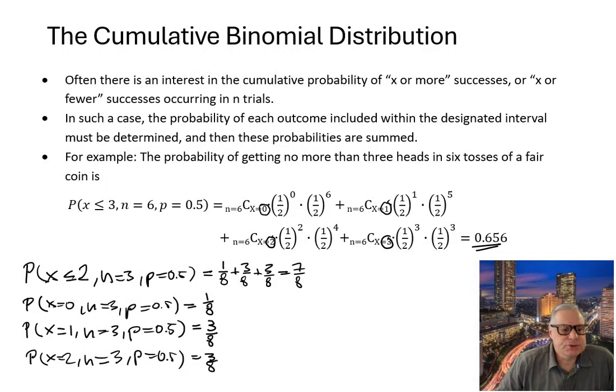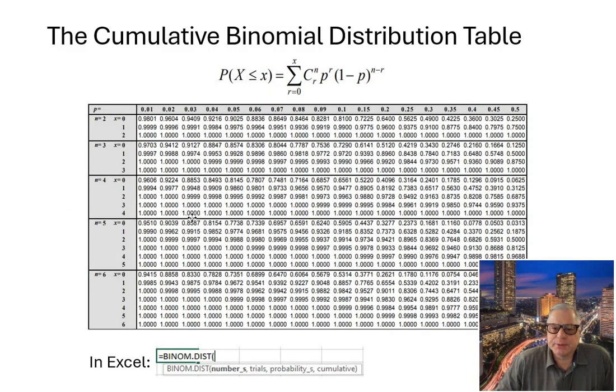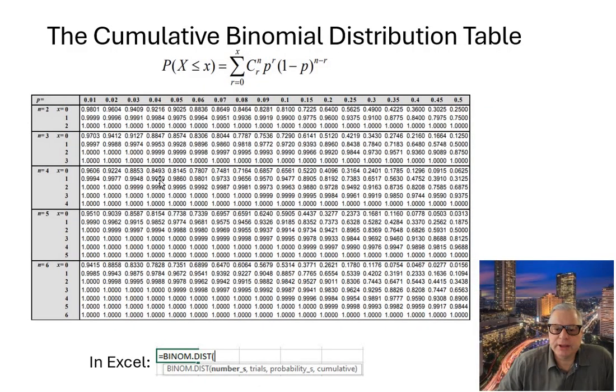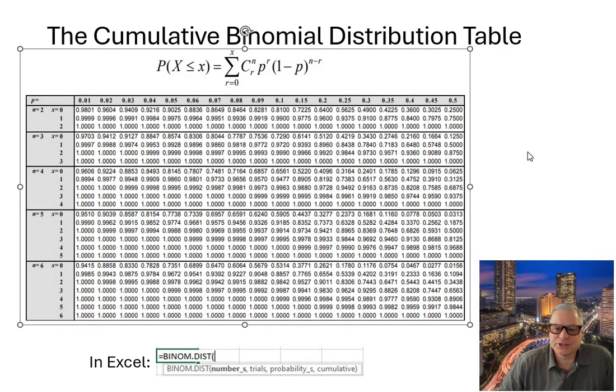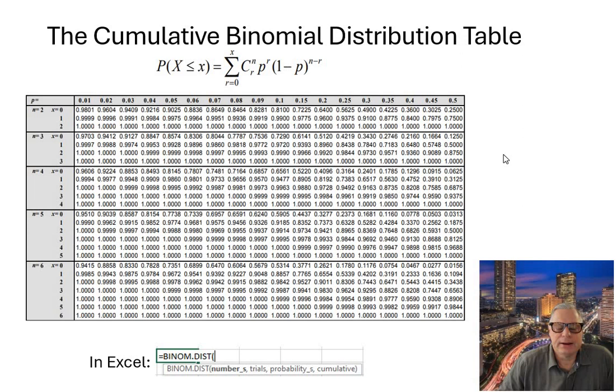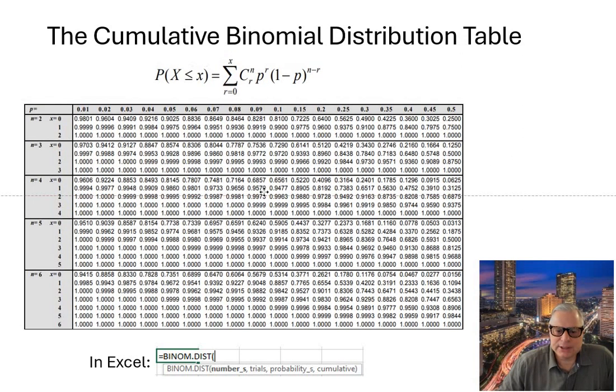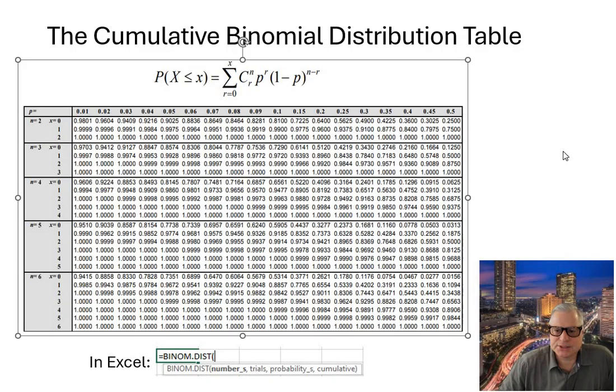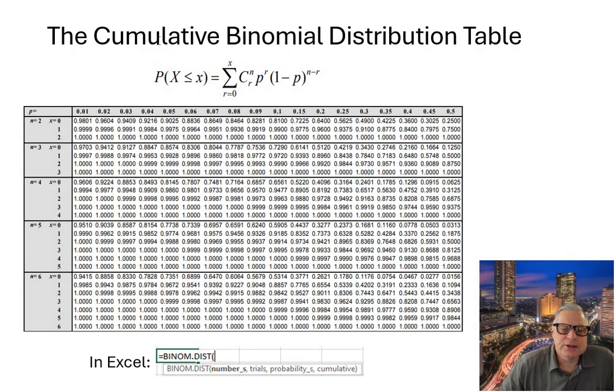Okay, so back in the days when I was still a student, we worked with tables. I just want to show it to you. You don't really use them anymore, but maybe you might see them. So here we have a cumulative binomial distribution table. And you see there is some information here, and those tables can be several pages long.